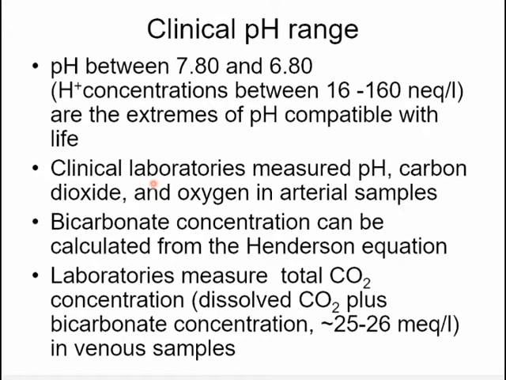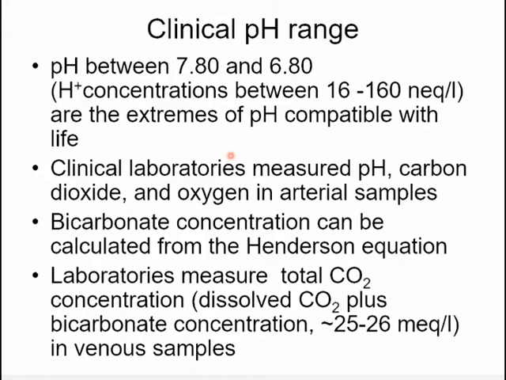Therefore, it's important to measure pH, carbon dioxide, and oxygen in blood samples to be able to see the clinical condition of your patient and understand what is happening in terms of hydrogen ion concentration in the blood.